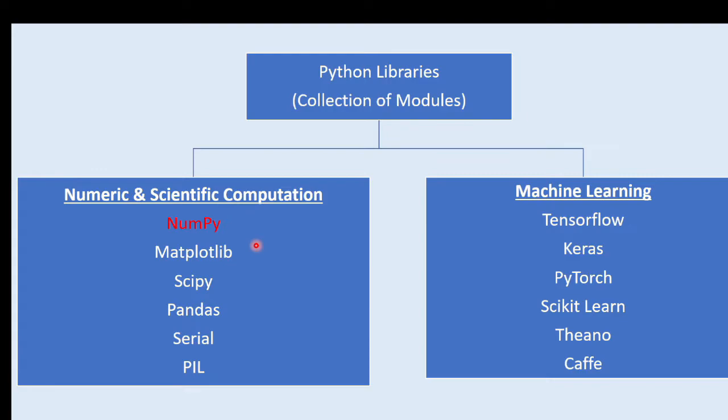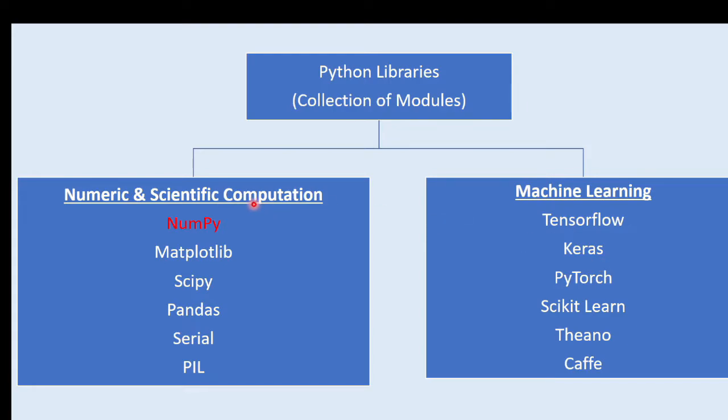For example, if you want to work on numeric and scientific computation domain, then you need some libraries like Numpy, which stands for numerical Python, matplotlib, scientific Python, pandas, etc. Similarly, if you want to work on machine learning, there are some special libraries which we call frameworks; we'll study these libraries later in some of the sessions.